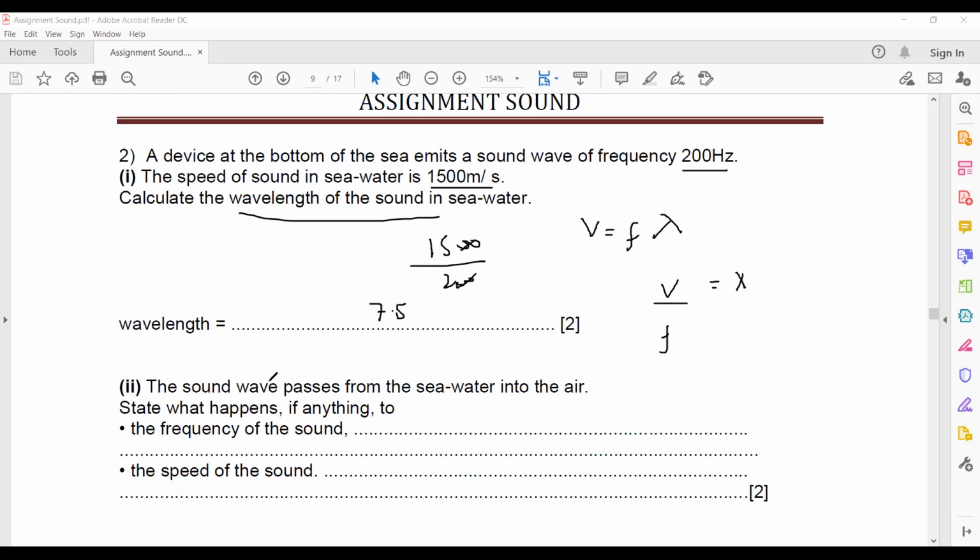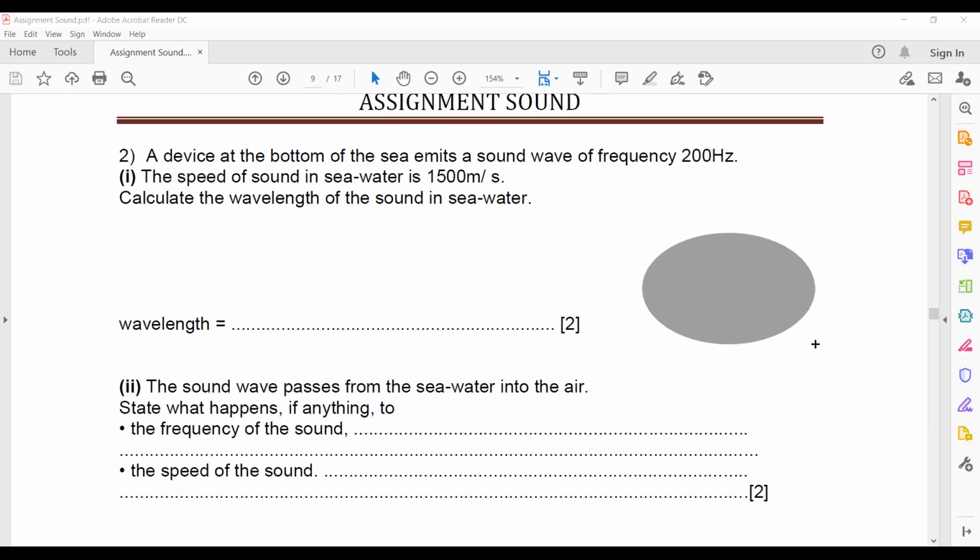In the next part, the sound wave passes from seawater into air. So the sound wave is traveling from water to air.